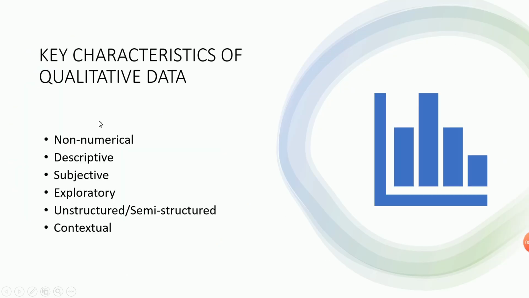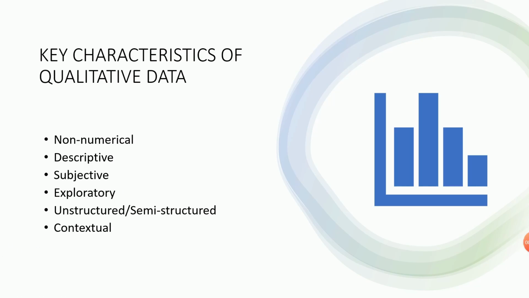Now these are the key characteristics of qualitative data. That one is numerical, here it is non-numerical. And then it is descriptive. There it is not descriptive, and there it is objective, here it is subjective. Next is exploratory. We are exploring certain things, and here it is unstructured or semi-structured.